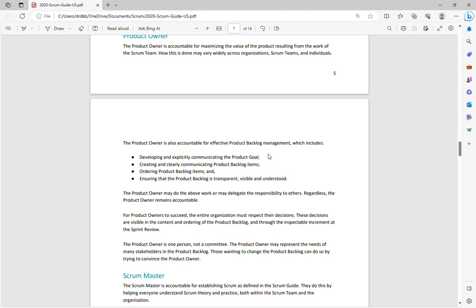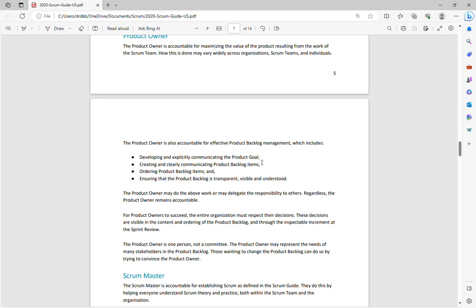So that is what is being mentioned in all 4 points here: developing and explicitly communicating the product goal to the entire team, and then creating and clearly communicating the product backlog items. First, the product goal is like an objective. What the end result of the product is going to be. So that vision the product owner will be having.